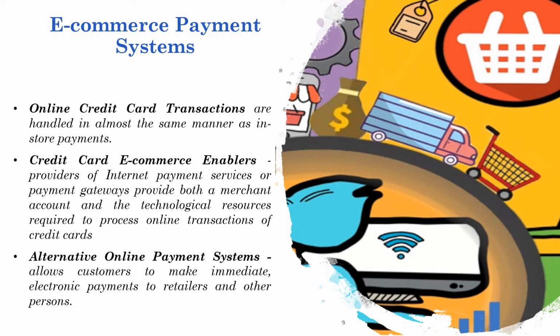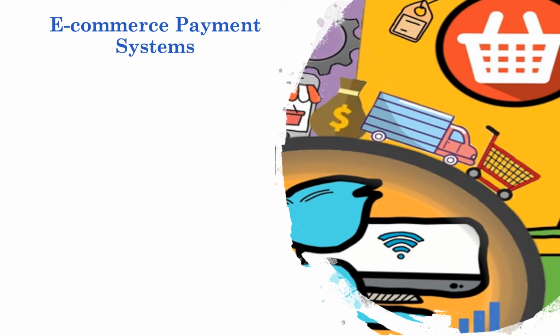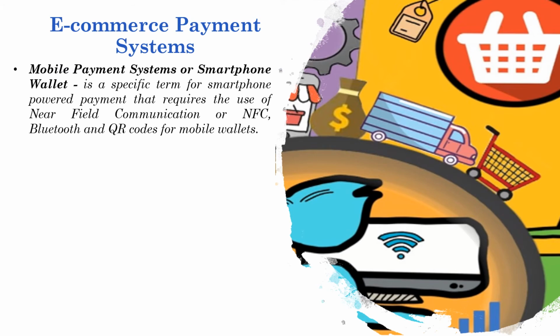And then we also have alternative online payment systems, wherein the online stored value payment system allows consumers to make immediate electronic payments to retailers and other persons based on the value held in the online account. Then there is the mobile payment system, or smartphones.